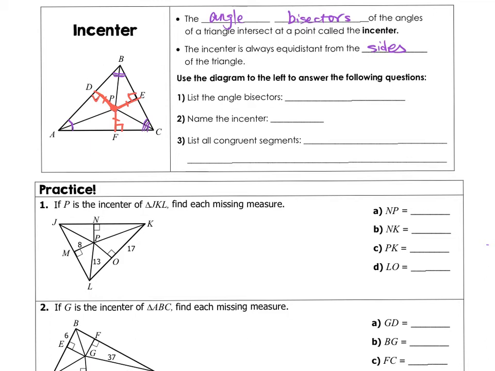Below here we have to list the angle bisectors. The angle bisectors are PB, PC, and PA. The name of the incenter is P, and all the congruent segments, so I'm going to use red, PD, PE, and PF.